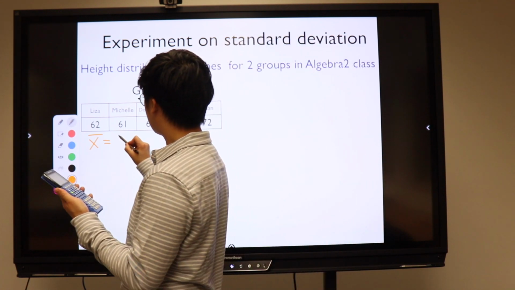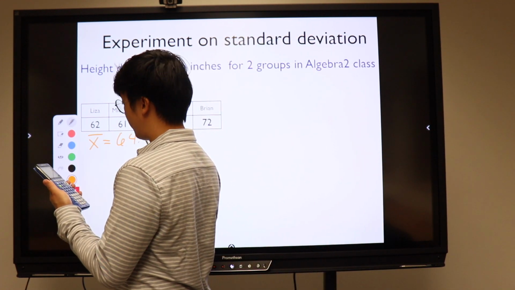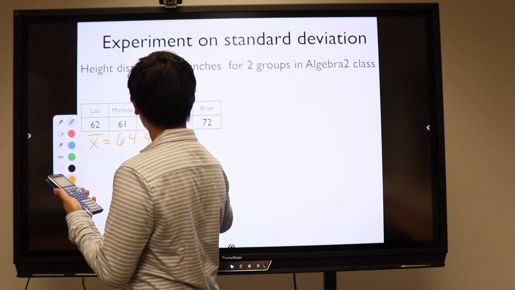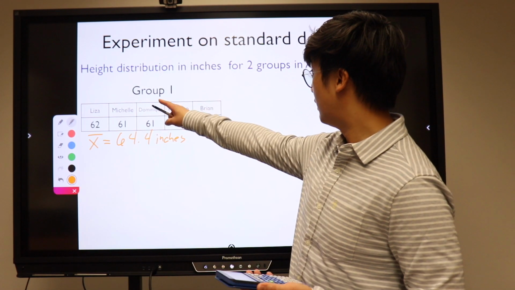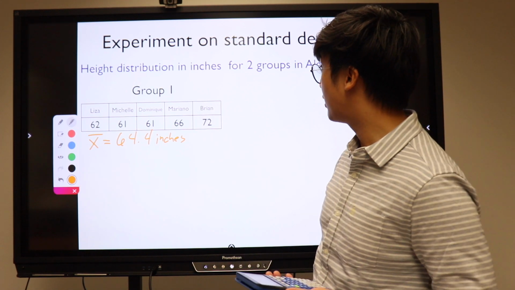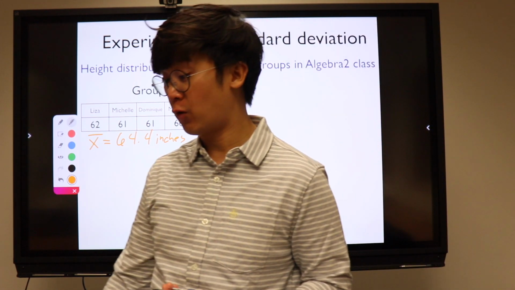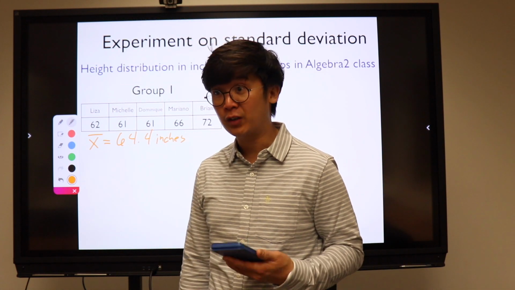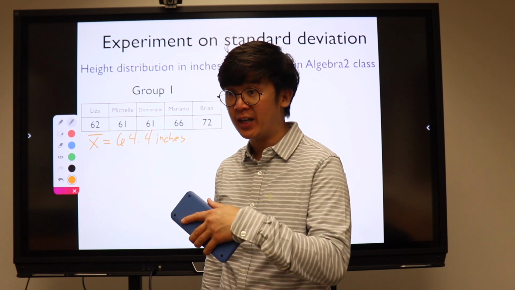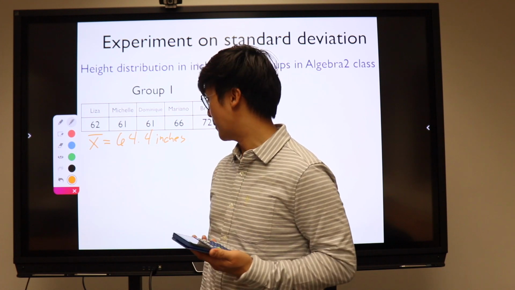And I have 64.4 inches. So the average height of my first group, Liza, Michelle, Dominique, Mariano, Brian, is 64.4 inches, which is about 5'4" in height, if we're going to convert it into the American measurement.